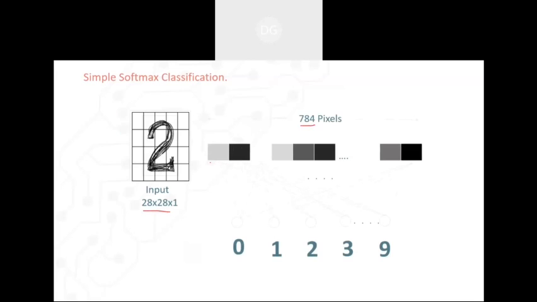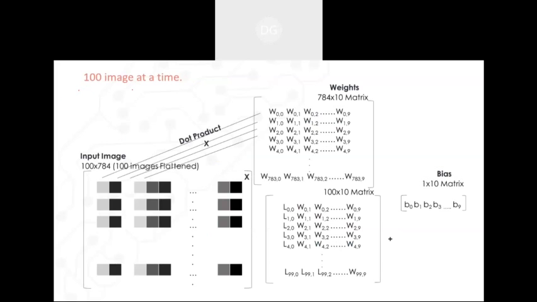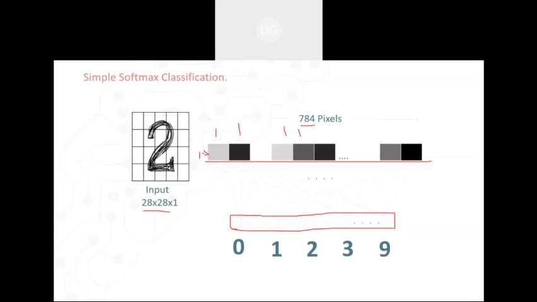So 784 pixels will be arranged in a single row. Each column will be passed to the 10 classes which we are having. Likewise, we will take 100 images like that. The simple image of a two itself comes in a different way, like how humans write. Everyone will not write a two like this, right?